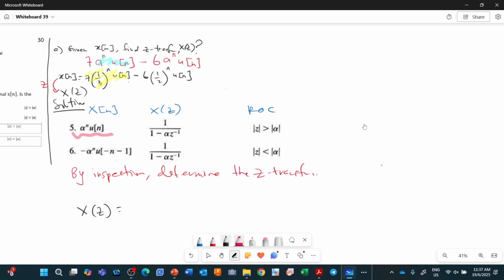So basically we can write it first. Try to write this x[n] into the equation. So you write it as x[n] equal to x1[n] plus x2[n].